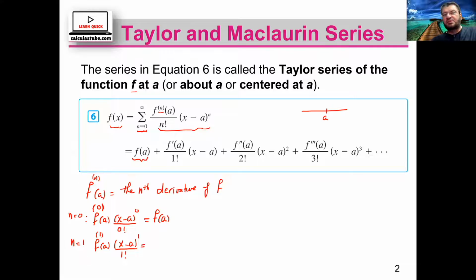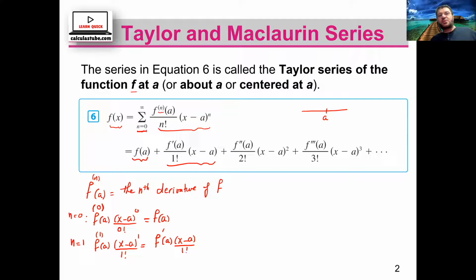And f^(1) means the first derivative. So we write it as f prime at a times (x minus a) to the power 1, which is x minus a, over 1 factorial, which is actually 1. And this is the term when n is equal to 1.